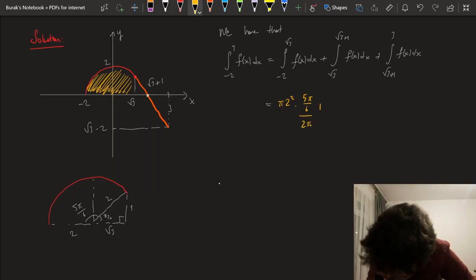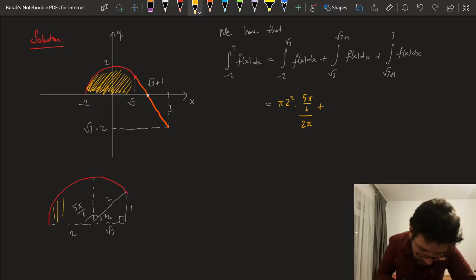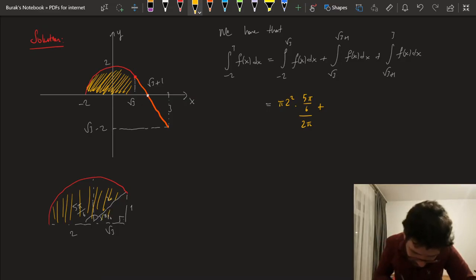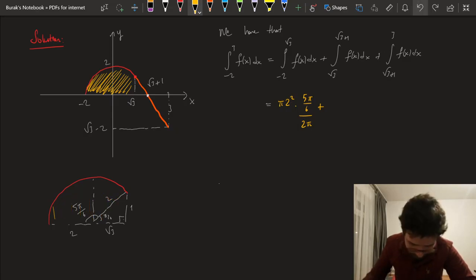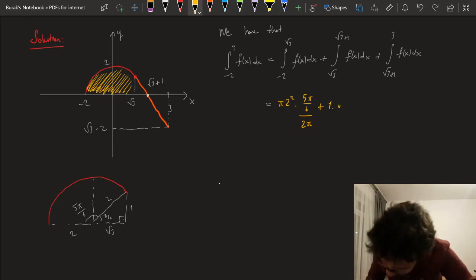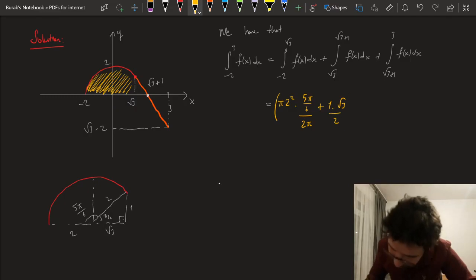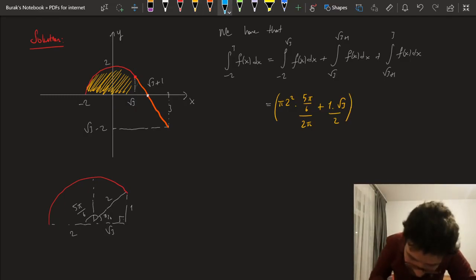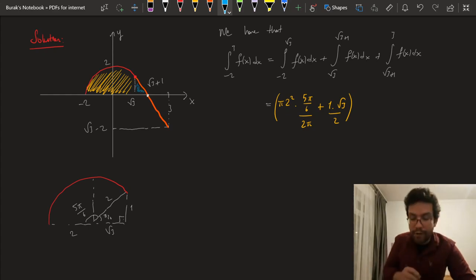Okay, and then this is the area of this region, and the area of this triangle is 1 times root 3 divided by 2. So this is the area of the yellow region.